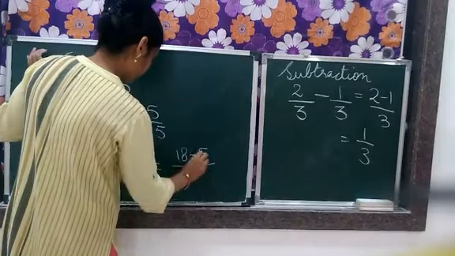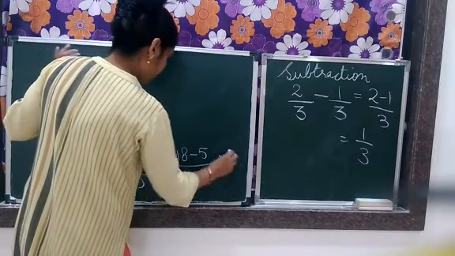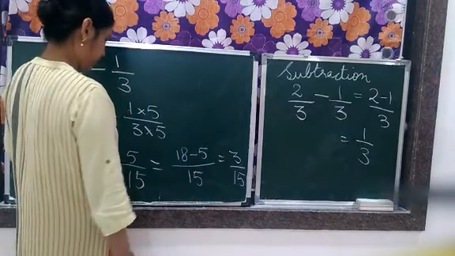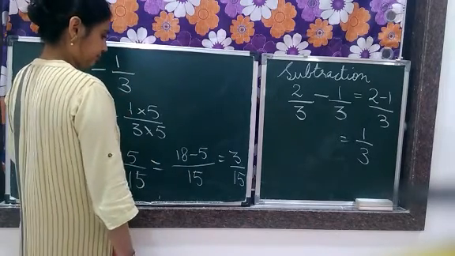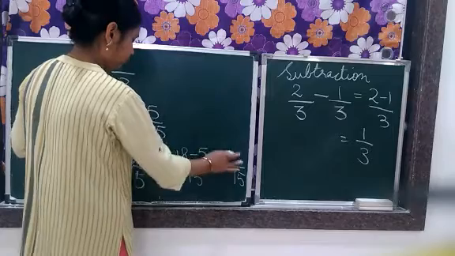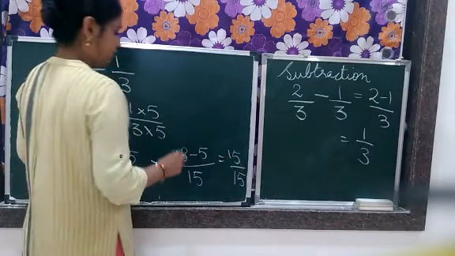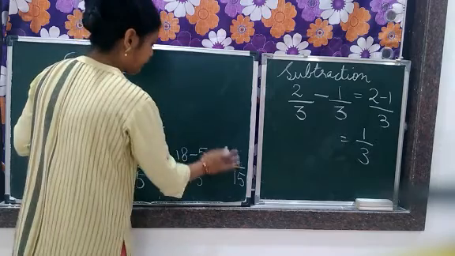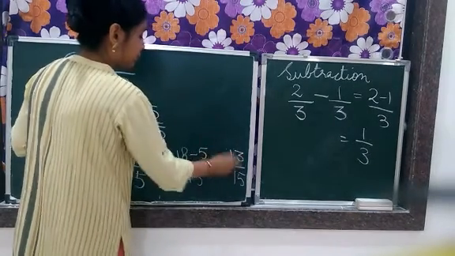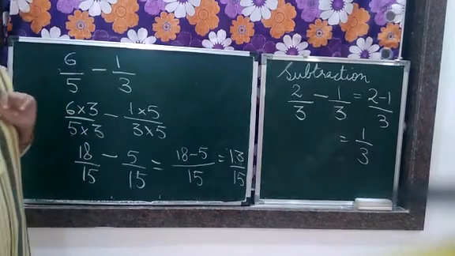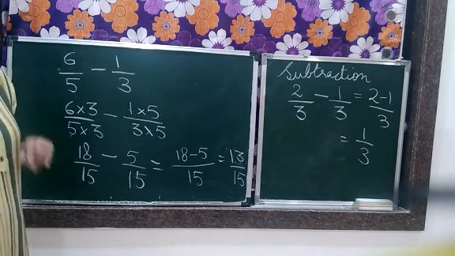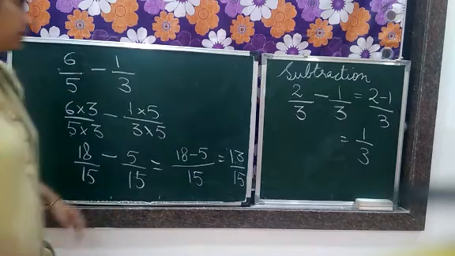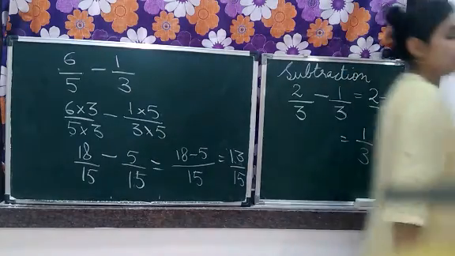So 18 minus 5 whole by 15, which gives us 13 by 15, correct? Okay, understood? So this is how we do the subtraction.